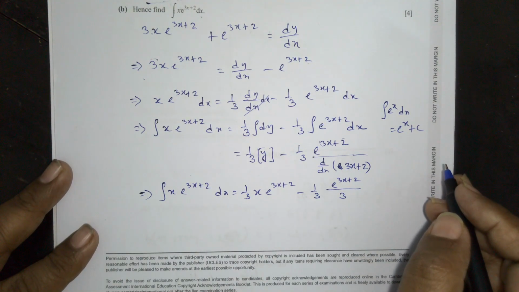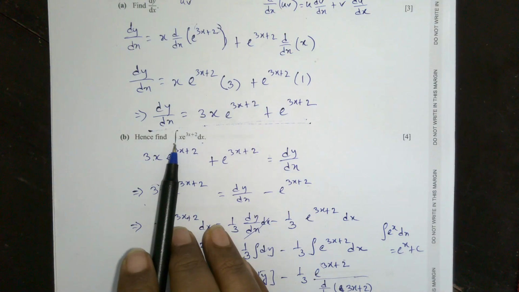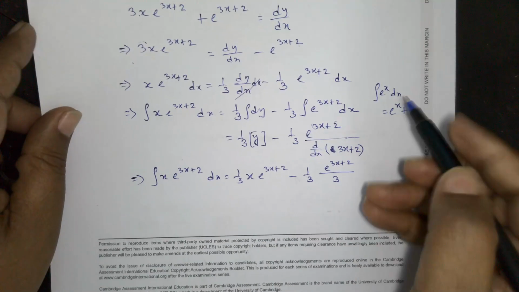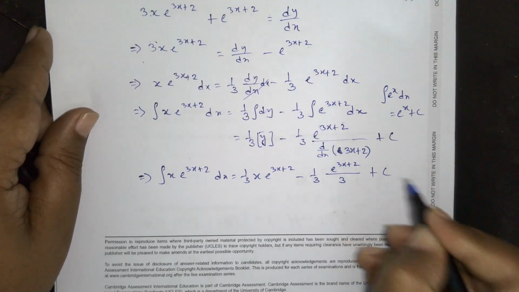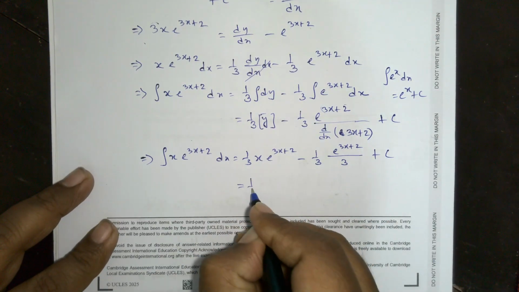I missed something that I told you earlier. This is not a definite integral. This is an indefinite integral. So we have to place an integral constant. Right. And you did not say anything. I was testing you. I'm sorry.